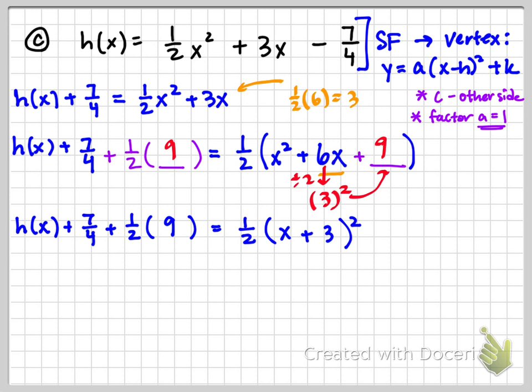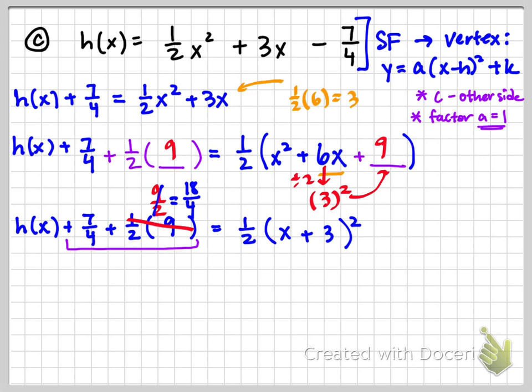So we got that. Now from there, I'm going to think about how can I combine these like terms. Well, first off, 1/2 of 9 is going to be 9/2. So I'm going to rewrite this as 9 over 2. But I have to combine it with fourths, so I might want to rethink that and say, isn't that equal to 18 over 4?